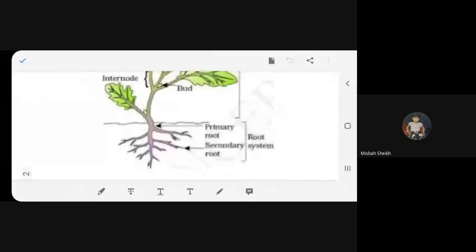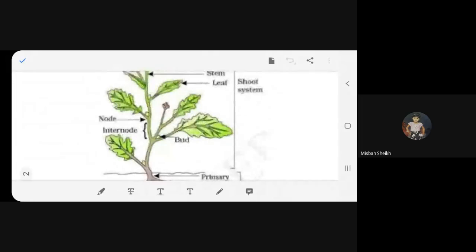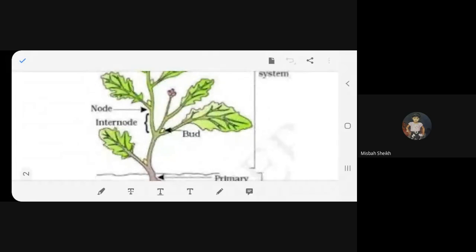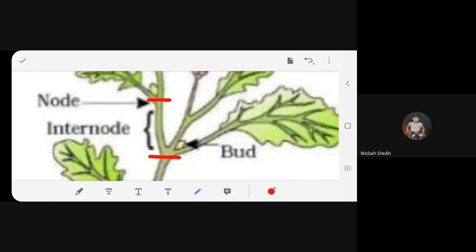Now we come to the shoot system. In the shoot system you can see the stem, right? And then it branches out. These are called nodes.